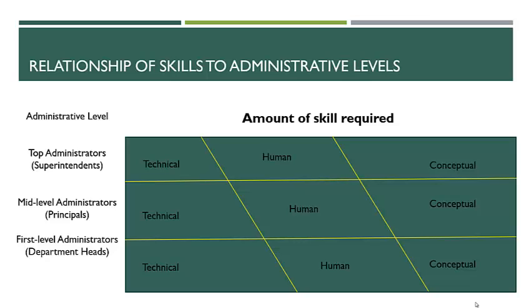Less with human and much less on the conceptual side. But as we move up in leadership from a department head to a principal and ultimately to a superintendent, we see you relying less on that technical side of your skills and more on that conceptual side.